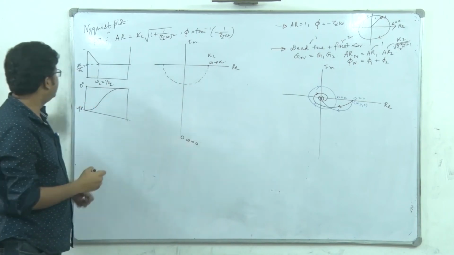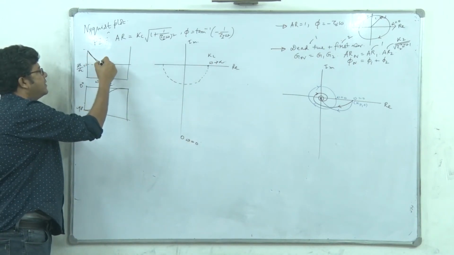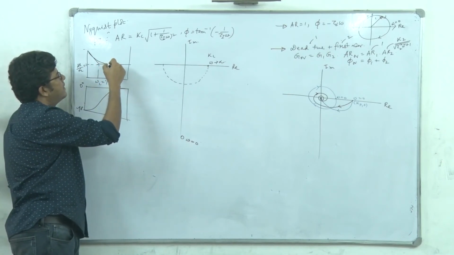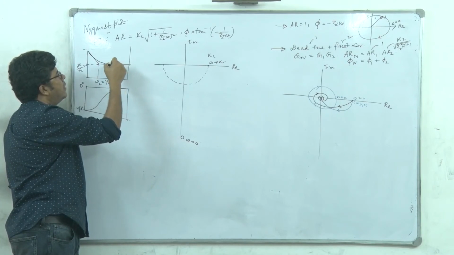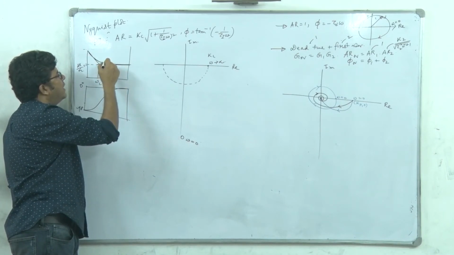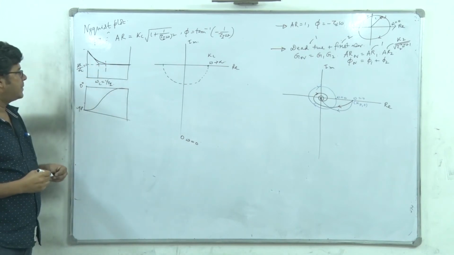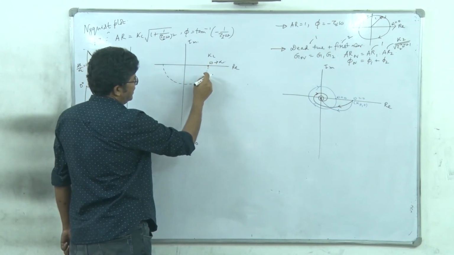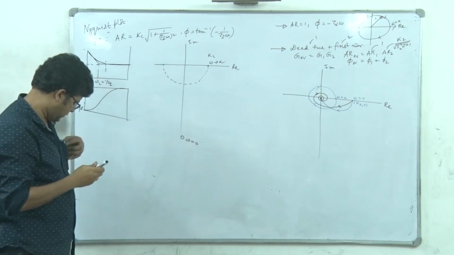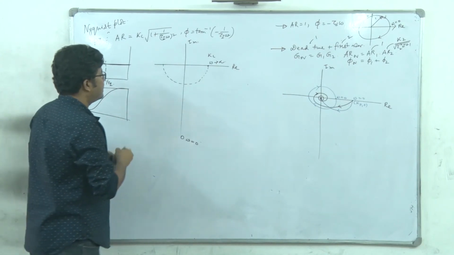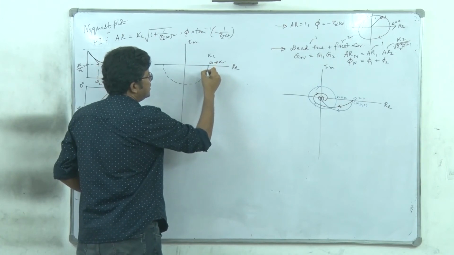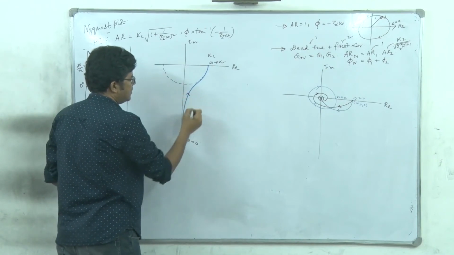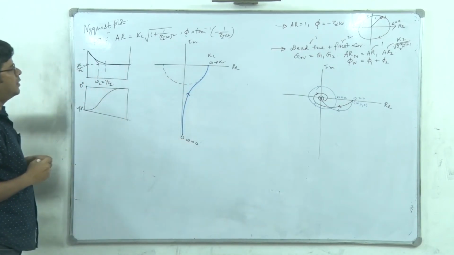Now what we observe in the actual plot, after a certain value of omega, after it crosses this corner frequency, the value of AR is equal to Kc, right? So as it approaches this point, over a certain region it will adhere to this circle, and the plot will be something like this, right? So that is the Nyquist plot for PI.